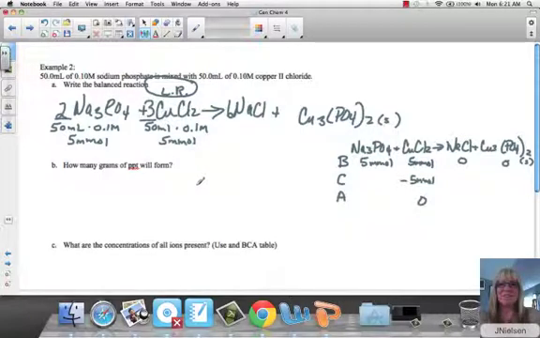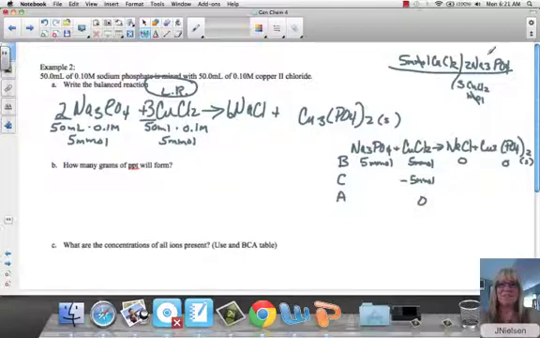What I need to know is how much of the PO4 I'm going to need to combine with the 5 millimoles of Cu to make the precipitate. So I'm going to do some mini stoichiometry up here in the corner. I've got 5 millimoles of CuCl2, and I want to know how much I'm going to use. So in my balanced equation, I have 3 CuCl2 and 2 Na3PO4, and these are moles. So that's going to cancel with the moles.